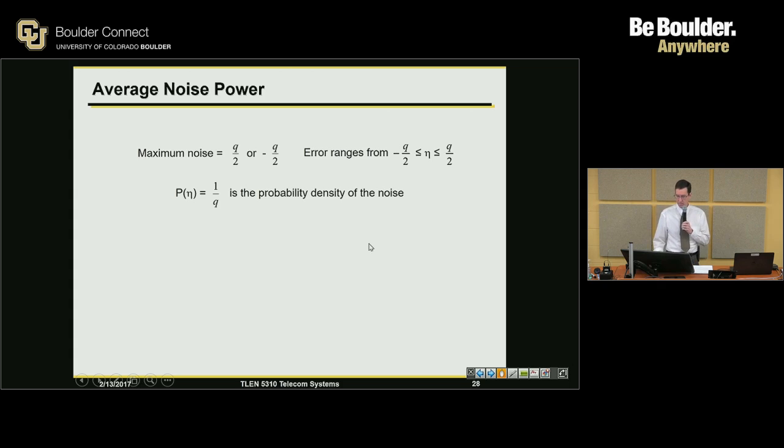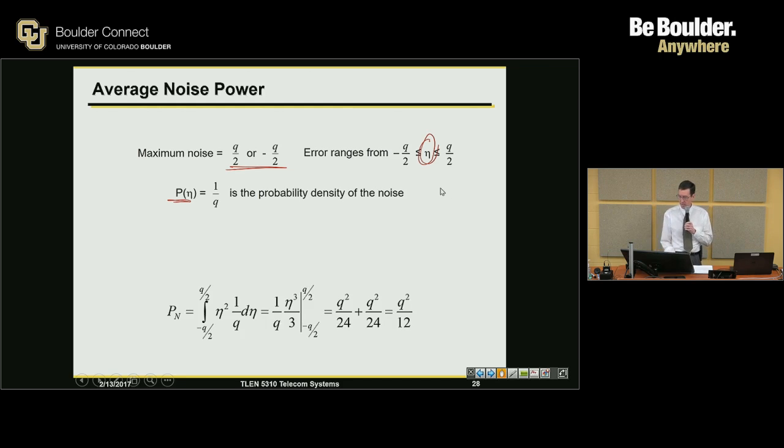Just for some examples, say the maximum noise ranges between Q over 2 and minus Q over 2. This is what our noise is. And then there's what we call the noise probability, which is equal to 1 over Q. That's also called the probability density of the noise. What I'm trying to get to is the average power of the noise.